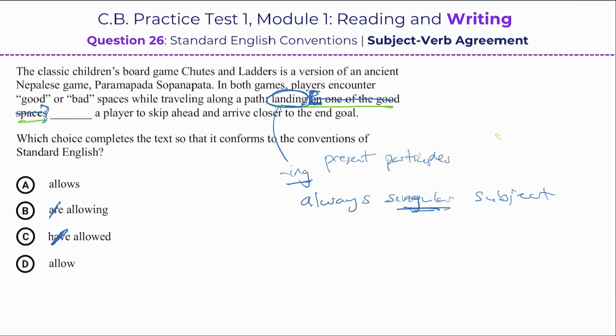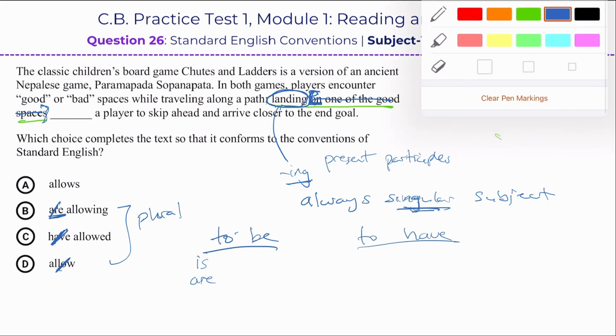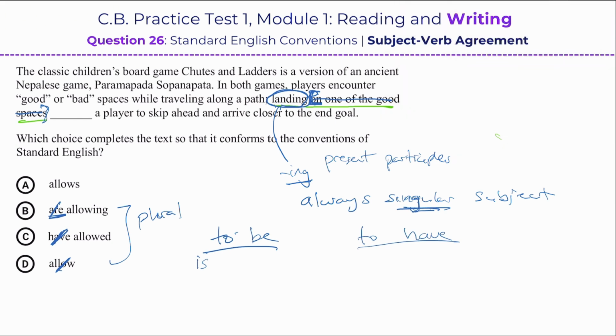If you guys aren't familiar with are and have, like to be and to have, these are two of the most common verbs that you have to know about on the SAT. These are both verbs. The singular forms of to be are is and was, and the plural forms of to be are are and were.